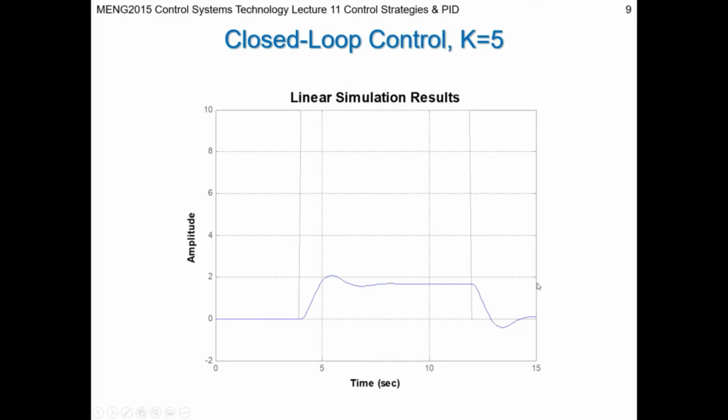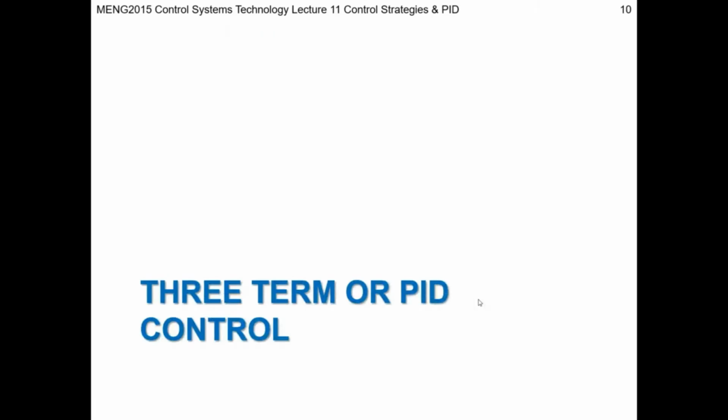So when a disturbance acts on the system, it reacts very quickly and corrects for that disturbance. But you can see the benefit of applying that closed loop control, and especially as you increase the gain in that closed loop controller, it helps to resist disturbances acting on it.